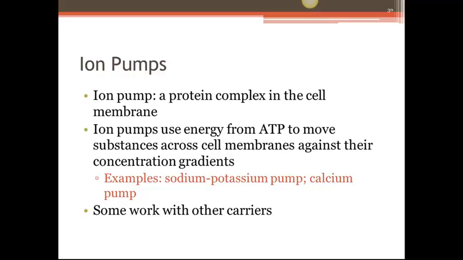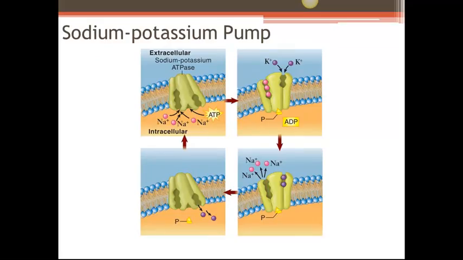So in order for glucose to cross the cell membrane, insulin needs to be present on the cell membrane as the transporter. So here's an example of the sodium-potassium balance.